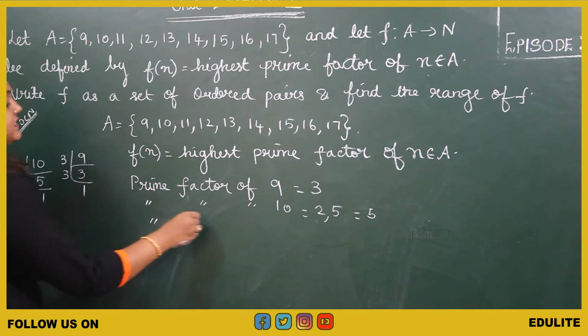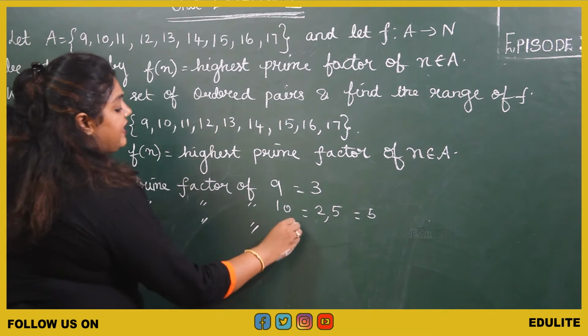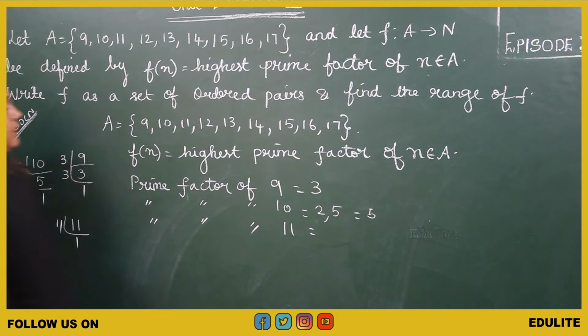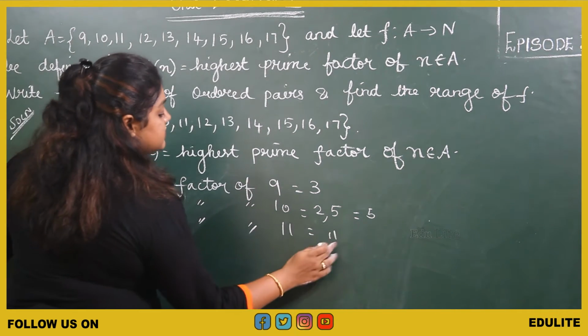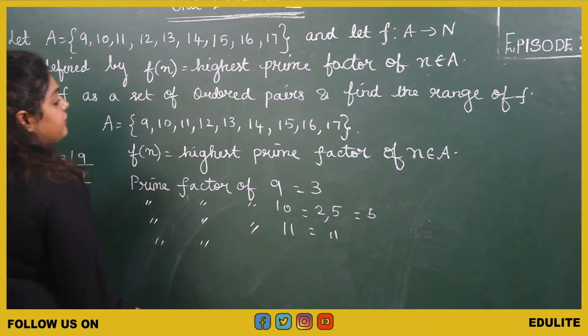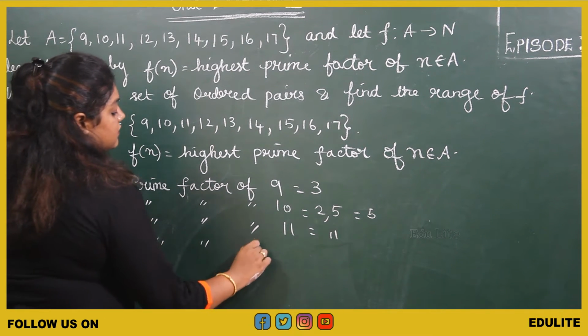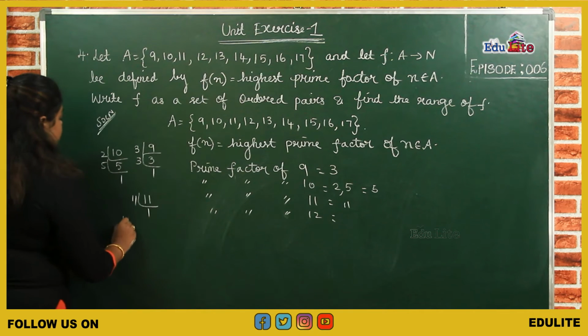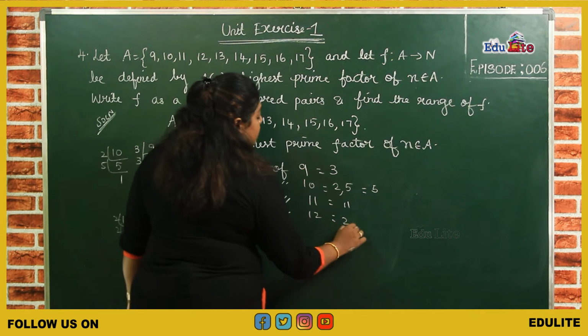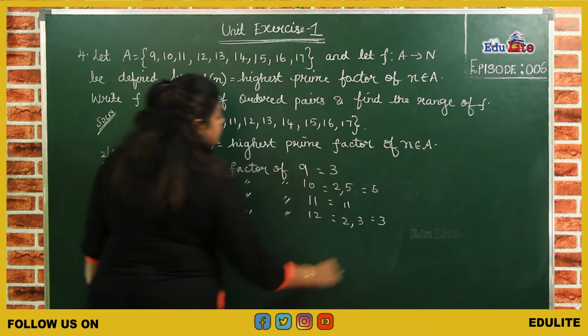Next, prime factor of 11. 11 can only be divided by 11, so 11 is the highest prime factor. Next is prime factor of 12. For 12, 2 sixes are 12, and 6 is 2 times 3, so we get 2 and 3. The highest among these is 3.